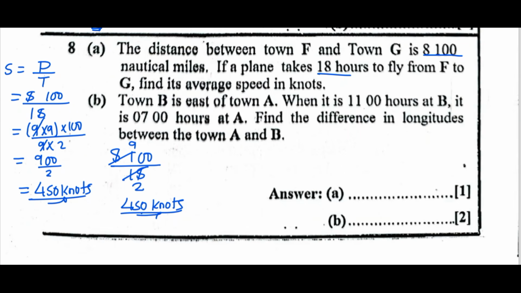Town B is east of town A. When it is 11 hours at B, it is 07 hours at A. Find the difference in longitude between the towns A and B. So let's make a visual diagram.